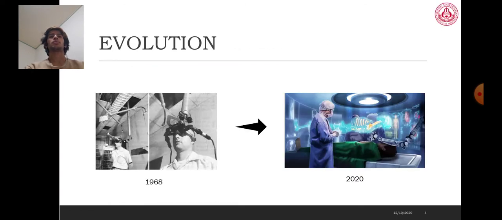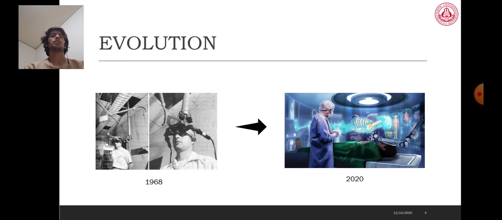So let's look at the evolution now. Augmented reality was first achieved to some extent by the cinematographer Morton Heilig in 1957. He invented the Sensorama, which delivered visual, sound, vibration, and smell to the viewers. Of course, it was not computer controlled, but it was the first example of an attempt at adding additional data to an experience.